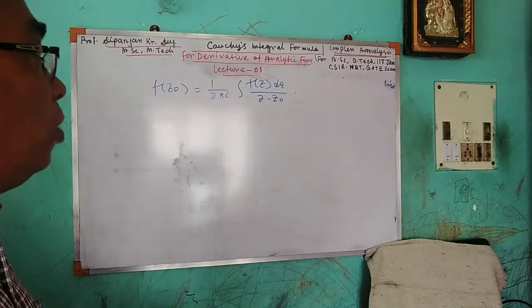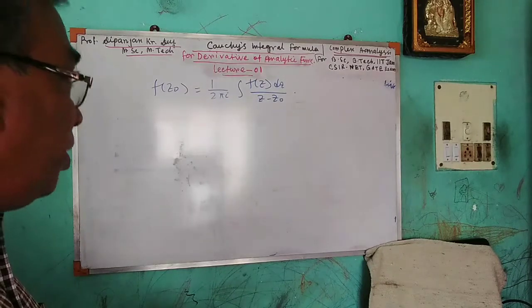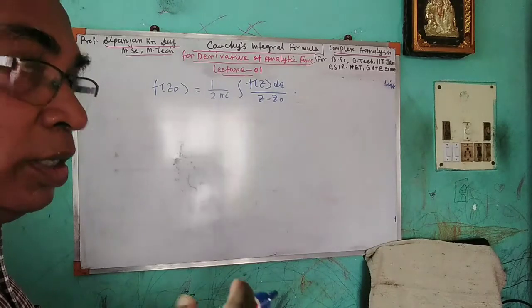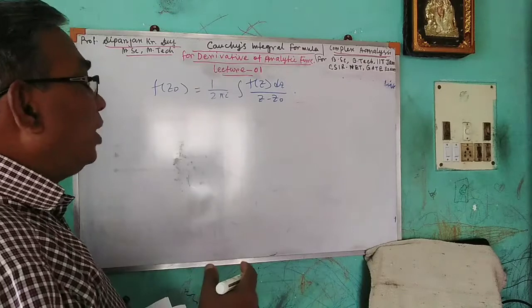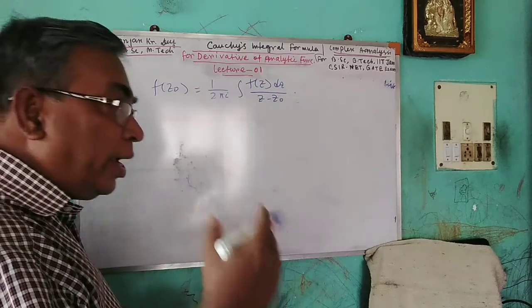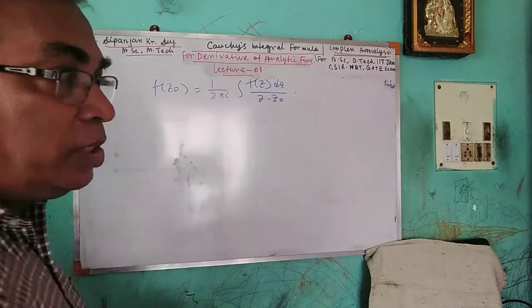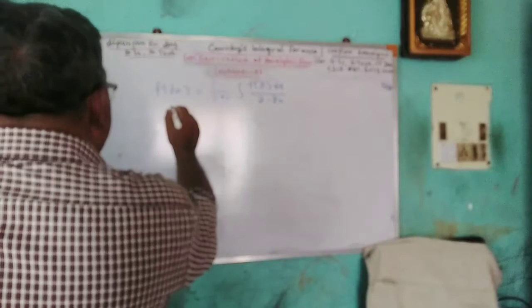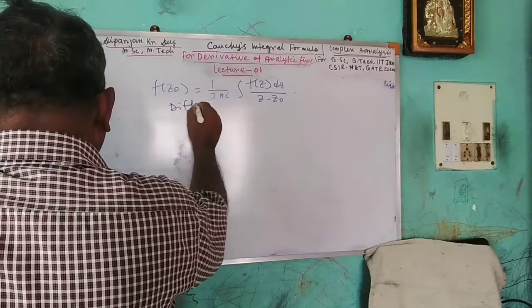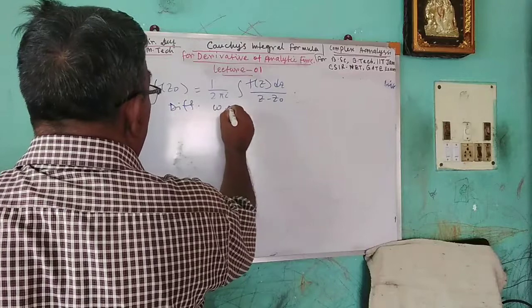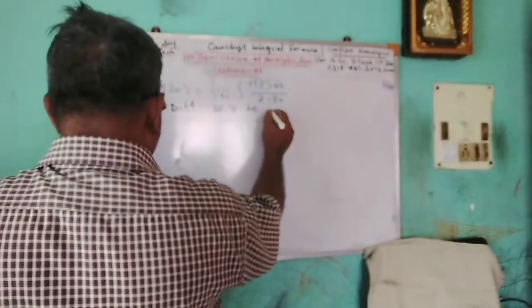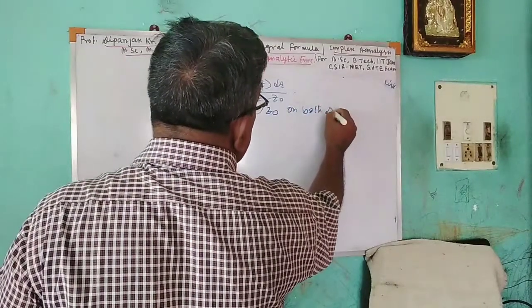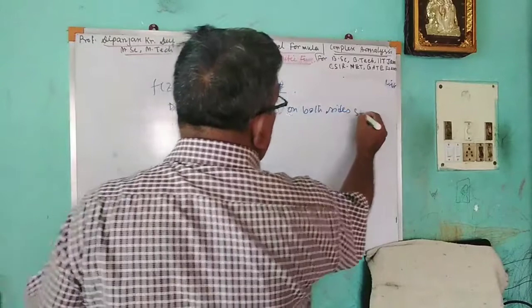Now we have to differentiate this formula successively. Differentiate with respect to z0 on both sides, successively.